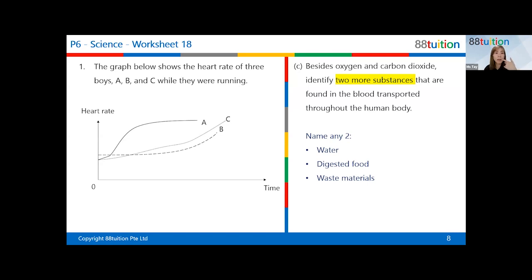It started from the mouth, then the food pipe going to the stomach and then to the small intestine. So you cannot just write down food. You have to talk about digested food, because digested food goes into the bloodstream where the small intestine is. That is when digestion is completed. So you need to add in water, digested food, or the waste materials, these 3 parts here.